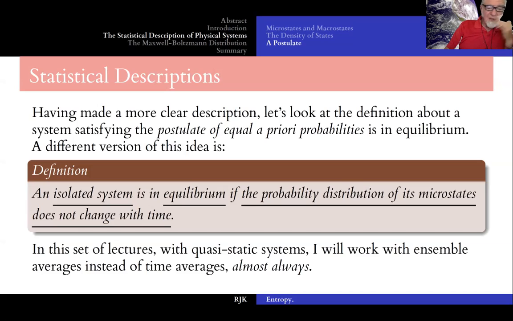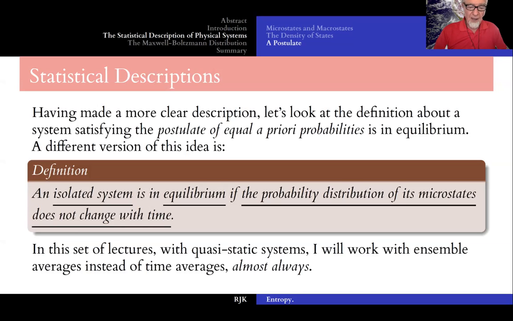This was trying to get you a feeling for what equilibrium was like. We're using the idea of these equal a priori probabilities as a definition of equilibrium, that is, that those probabilities don't change with time.